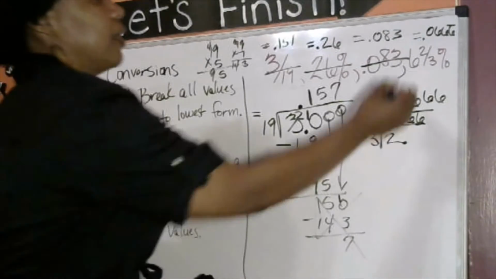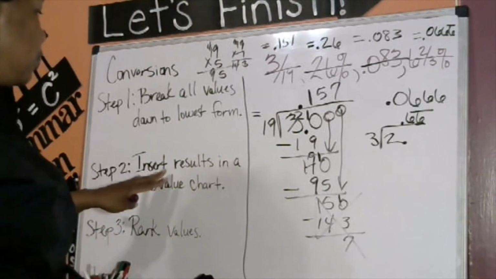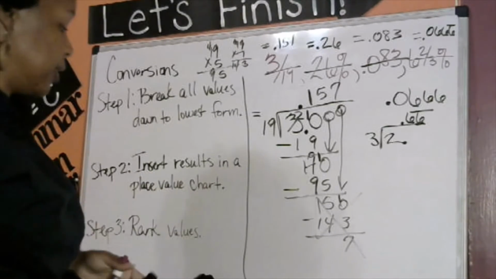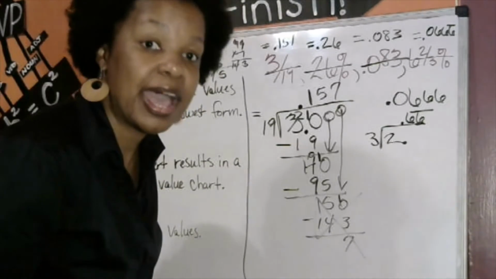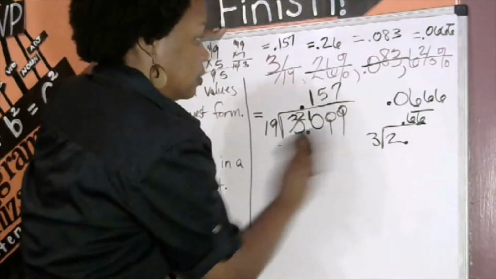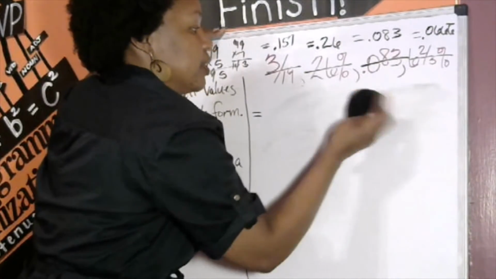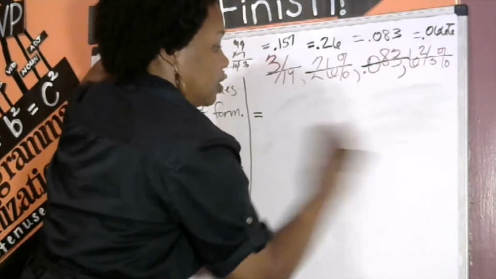Okay, and so if we want to continue, we can insert our results in a place value chart. Something I highly recommend. Don't try to eyeball placements, okay? It'll trip you up every time, especially when you're testing, and especially if you're not really good with numbers.